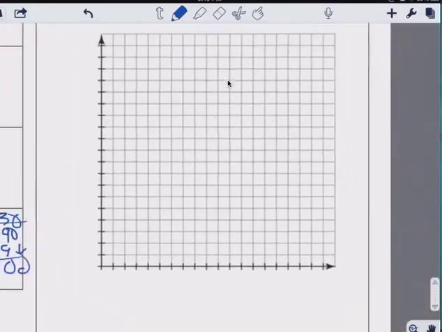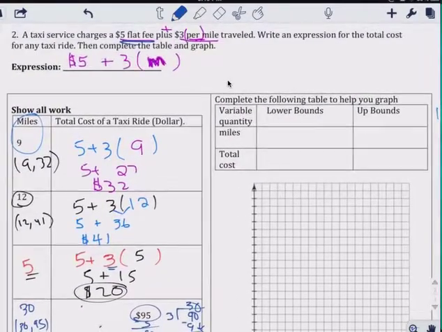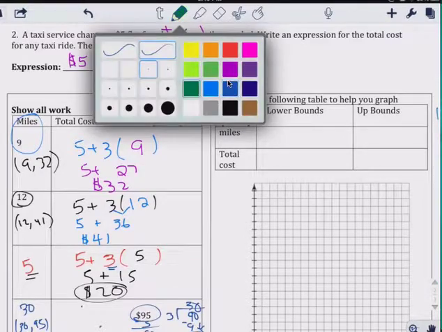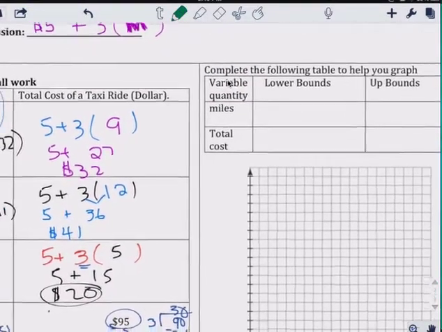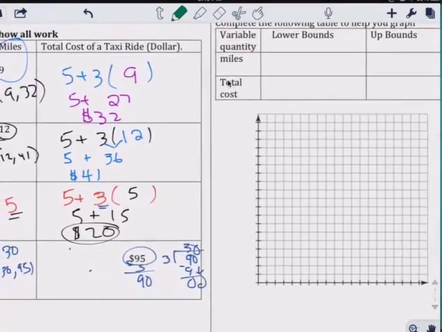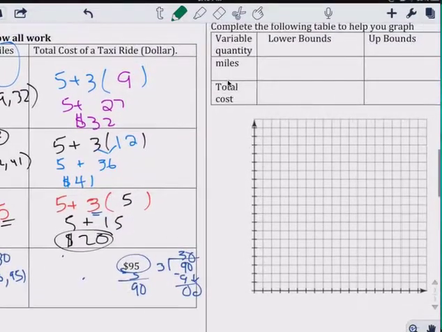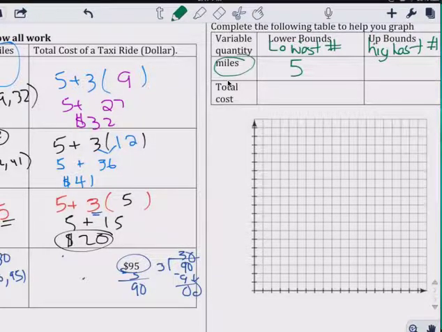Oh, 9 and 32. You need to do an interval table because there's no number here. The lowest mileage is 5. The highest number of mileage was 30.